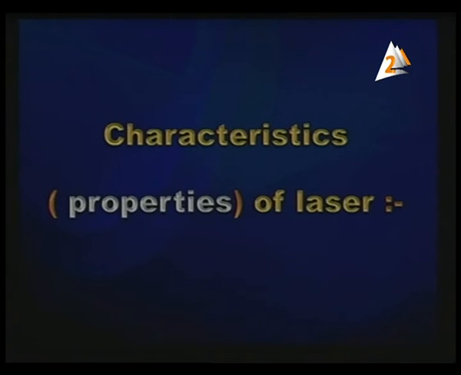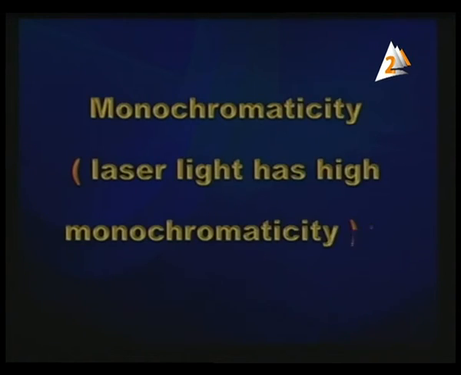And now talking about the characteristics or properties of laser light. First of all, it is monochromaticity. What does it mean? Laser light has high monochromaticity, it has high purity of spectrum. It is almost of just one wavelength.